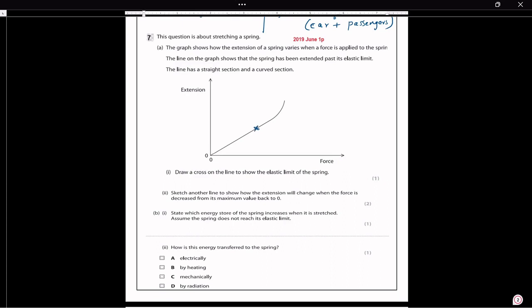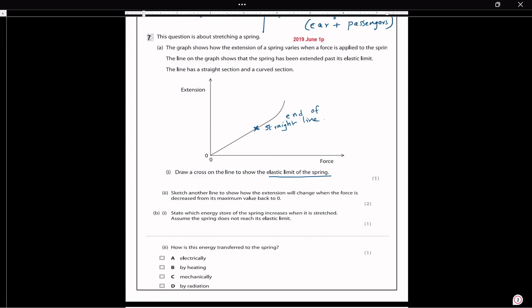So just by look, I think till here it is the straight line. Okay, elastic limit of the spring means it is a straight line. End of straight line, I can say. End of straight line.